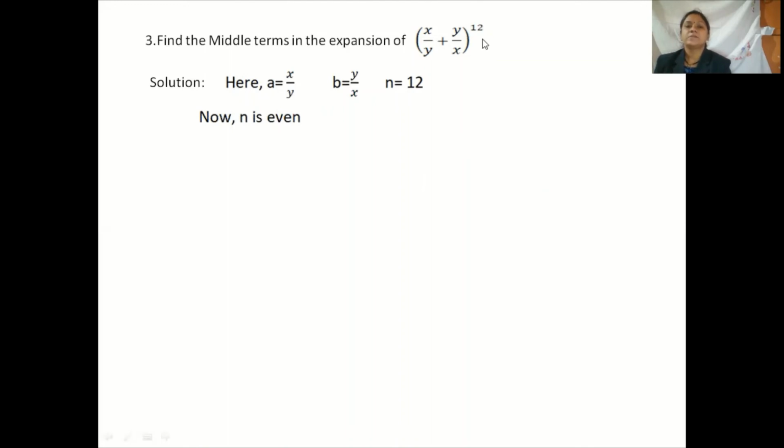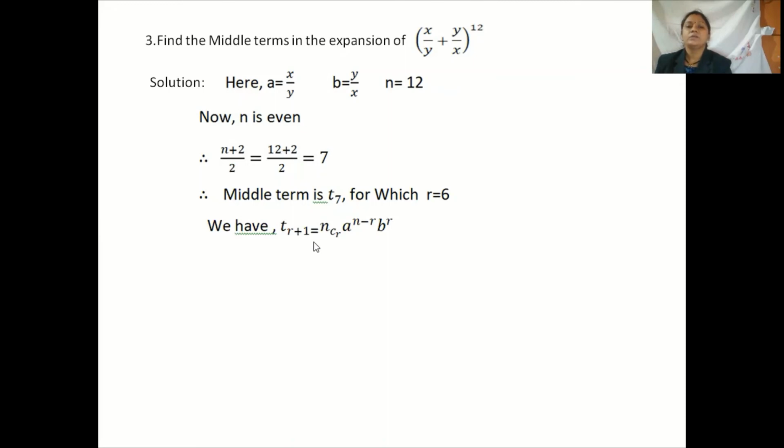Here what do we check? If we have to find the middle term, then n will be an even number. If n is even, then we find the (n plus 2) upon 2 term, which is 12 plus 2 upon 2 is equal to 7. Therefore, the middle term is T7 for which r is equal to 6.